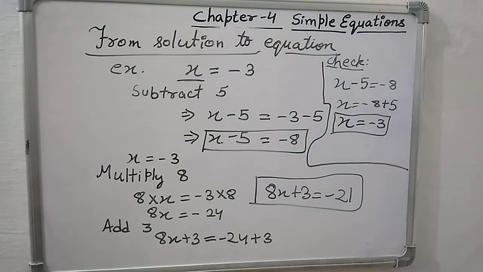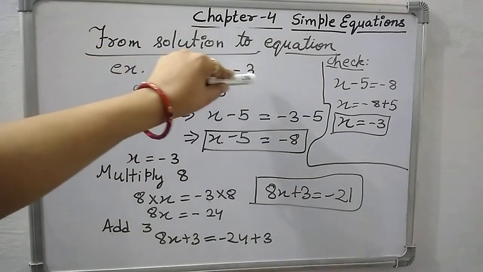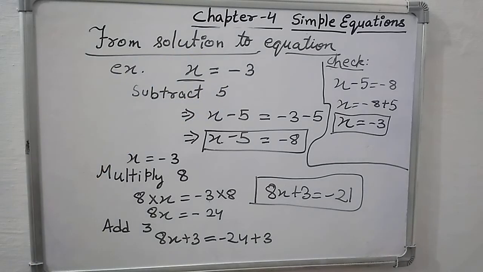We can see the solution from which we formulated our equation, it was also the same, x equal to minus 3, which implies that this equation is a balanced equation, or you can say is a correct equation. This is how you can make different equations from any given single solution.